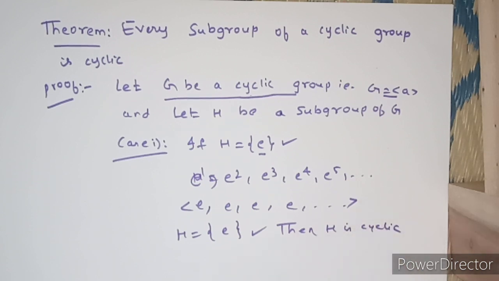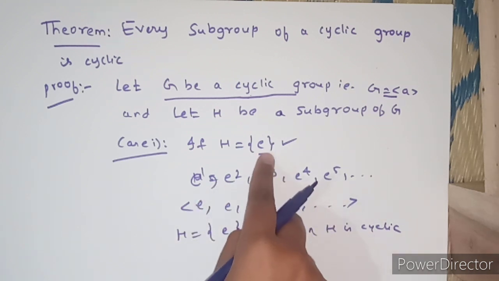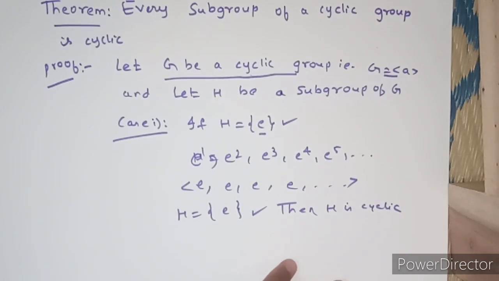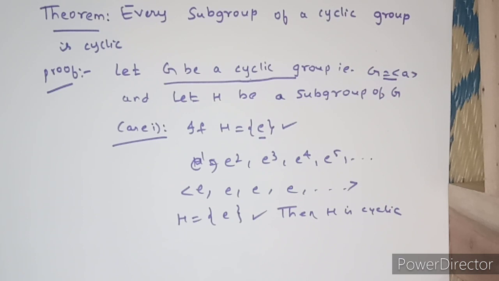Cyclic is nothing but it should be generated by a single element. So in case 1 we have got H as cyclic.